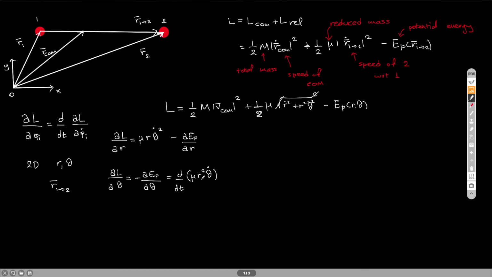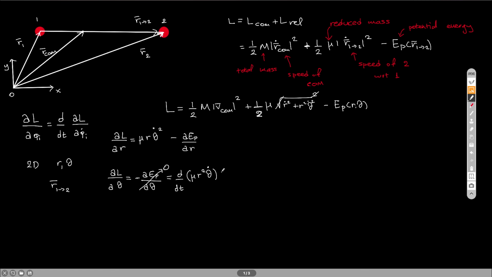Now, here's the thing. If I make one assumption about the potential energy, if I claim that the potential energy has no theta dependence, then this partial derivative goes to 0. Okay, so this is a special case where my potential energy depends only on the distance between the two particles.